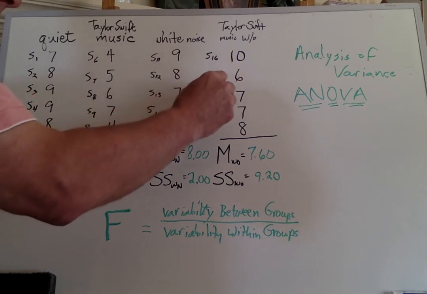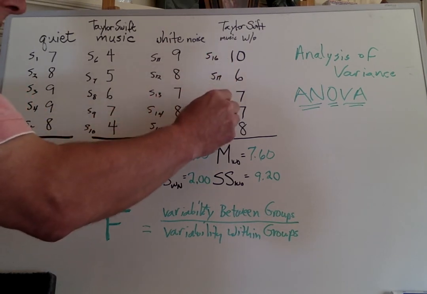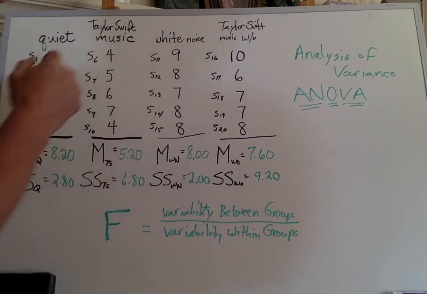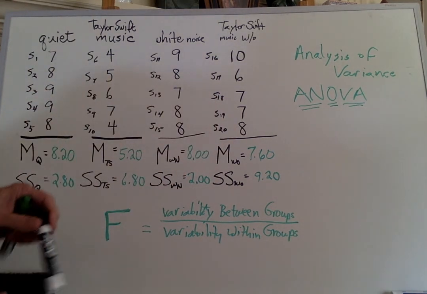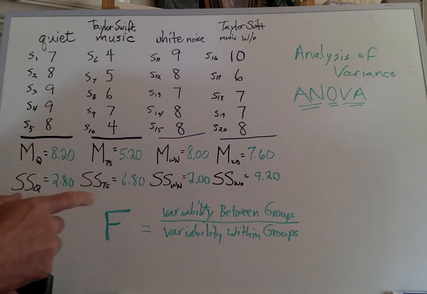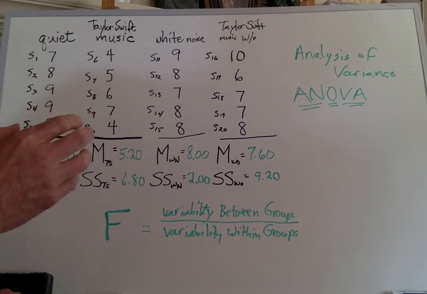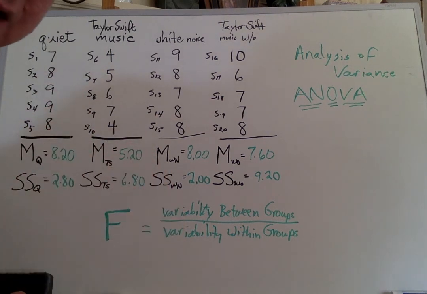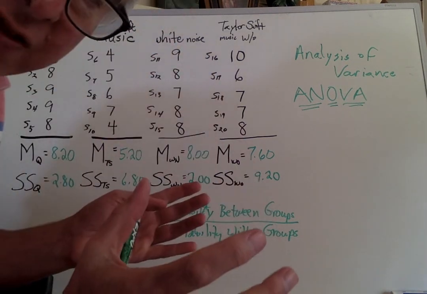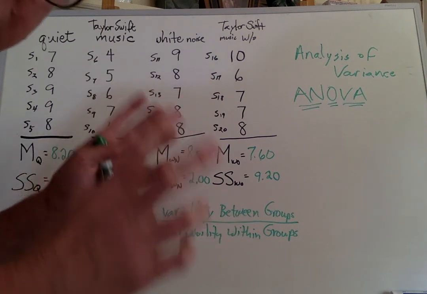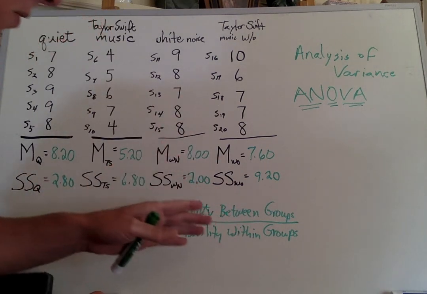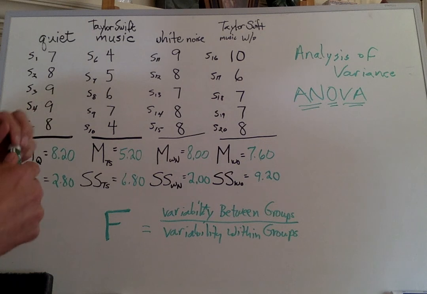So here's what we have: 20 people. For the variability between the groups, these are the components that go into this. We're going to get an overall value for variability between groups and an overall value for variability within groups. But here's what this means.